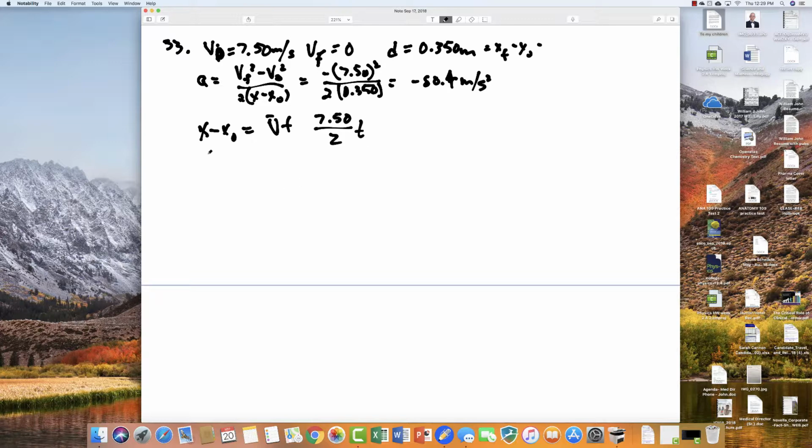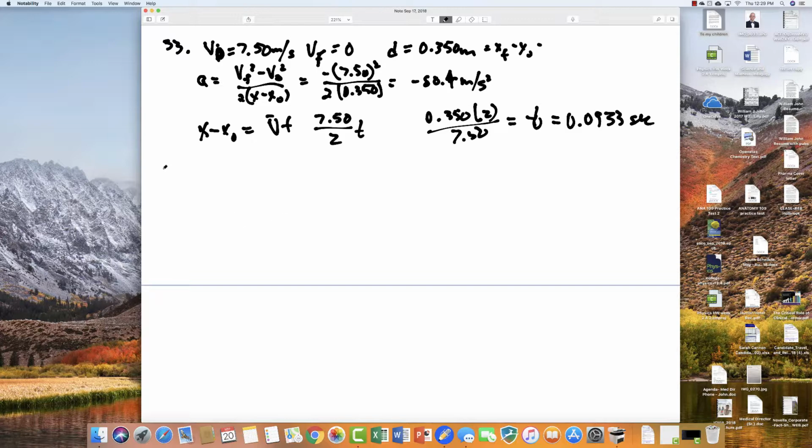If we move this number over here, we get 0.350 times 2 divided by 7.50, and that's going to equal the time. If we do the math here, we get 0.0933 seconds to 3 significant figures, or 9.33 times 10 to the minus 2 seconds.